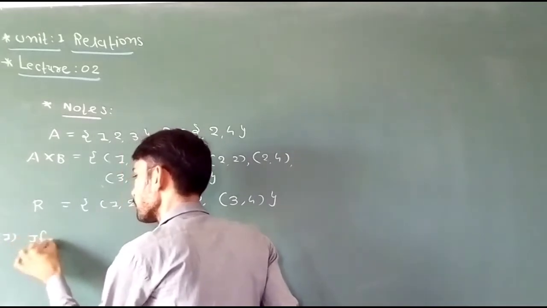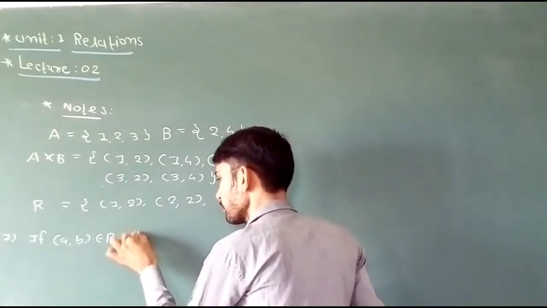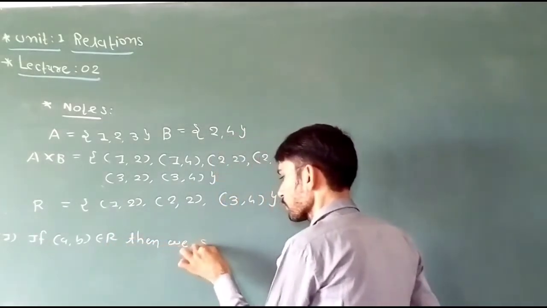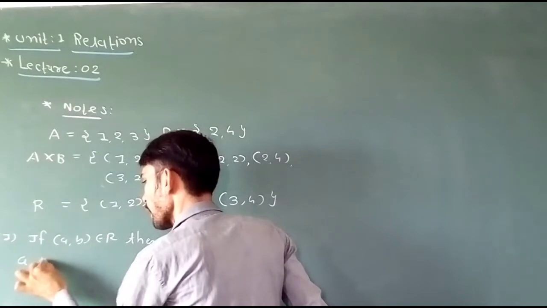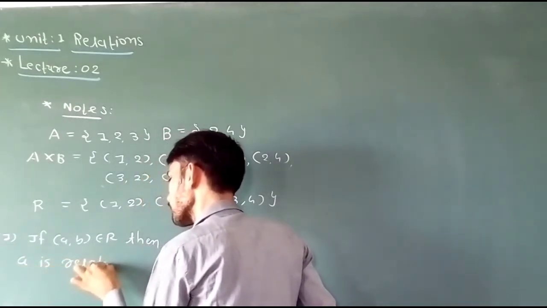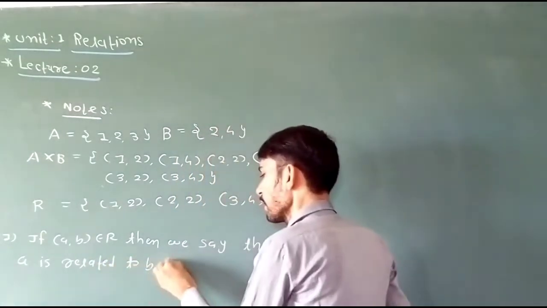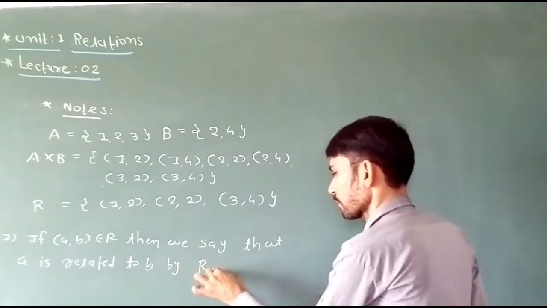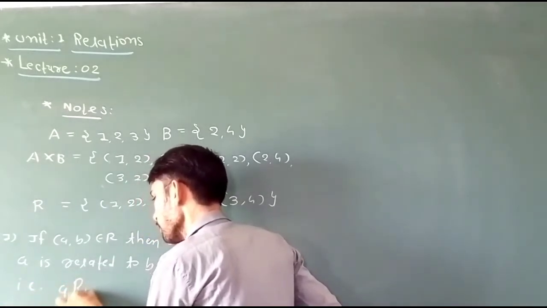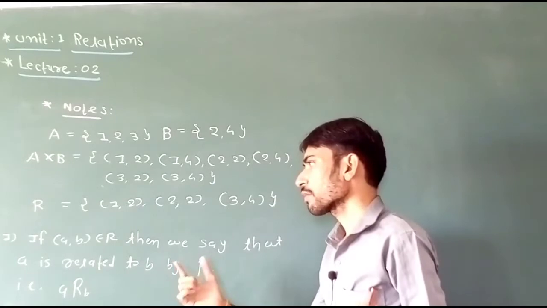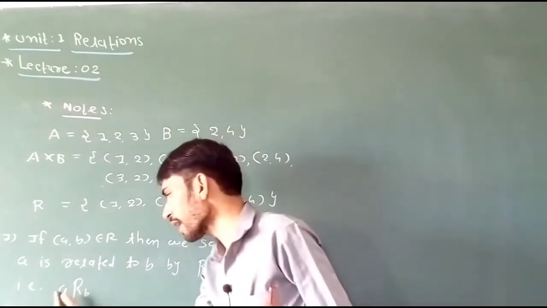Now we write the first note. If the pair (a,b) belongs to relation R, then we say that a is related to b by relation R. In other words, we write a R b.